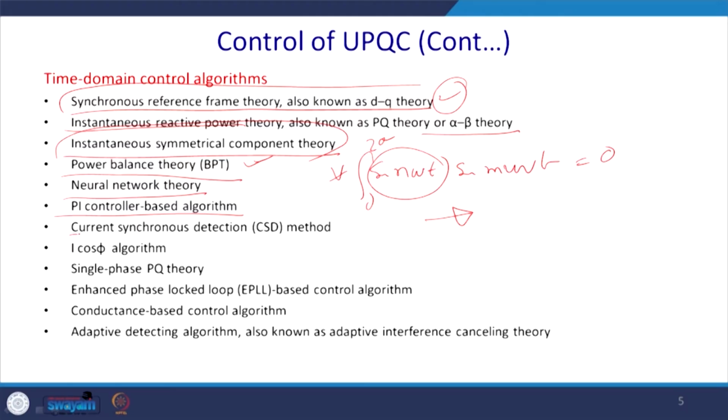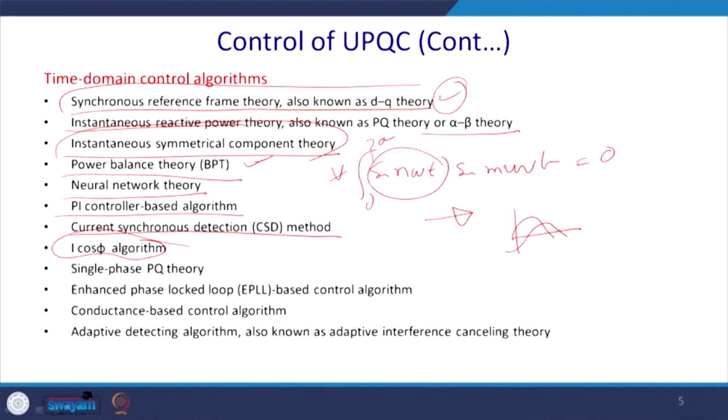Similarly, current synchronous detection technique is another method; all require an explanation. Thereafter there is an algorithm to find the I cos phi component, that is, the in-phase component. You have a voltage and current that may be phase shifted by an angle, and ultimately you require to estimate IP, essentially I cos theta or cos phi.